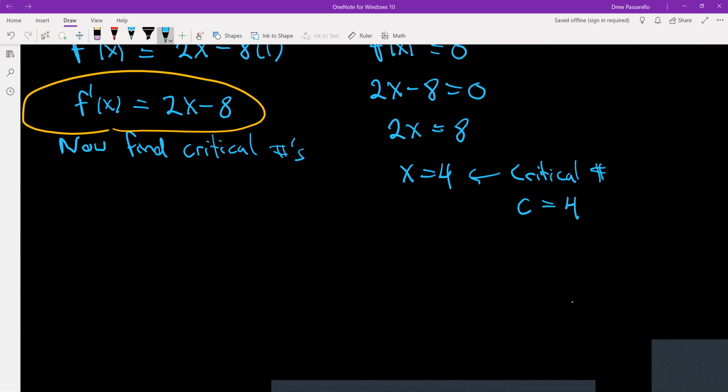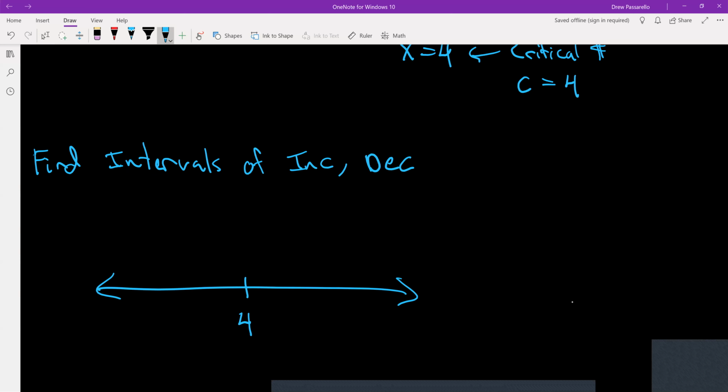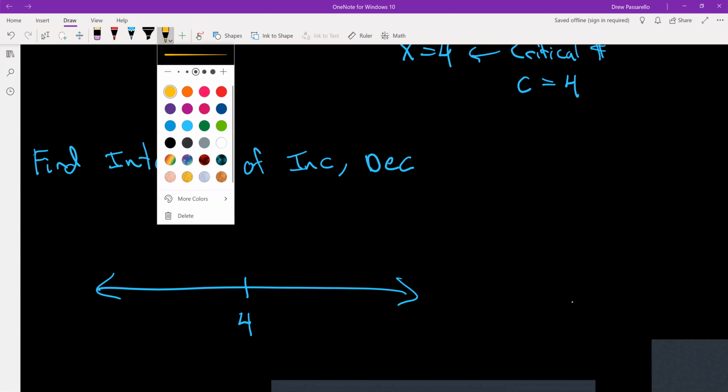I'm using I and C for increasing and then DEC for decreasing. As a visual, again, you don't have to do this, but if you want to draw it out, you have a number line and then you have 4 as your critical number. So I have 2 intervals that I need to test.